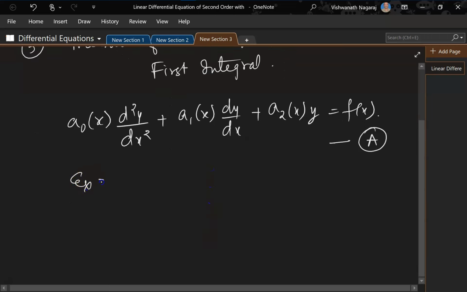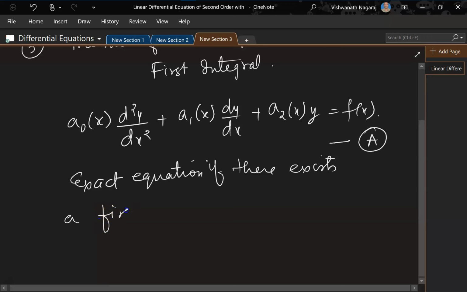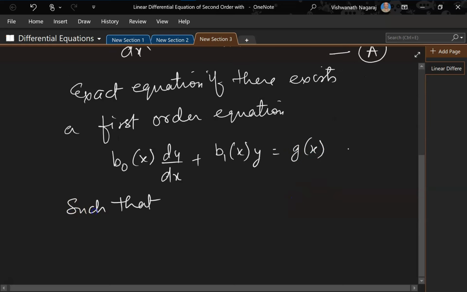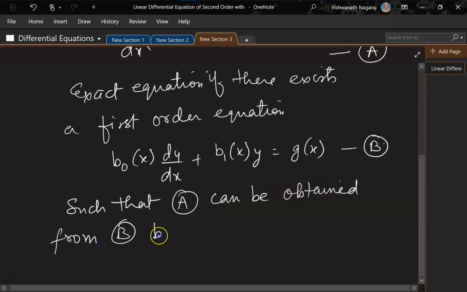This would be called an exact equation if there exists a first order linear differential equation, say for example, b0(x) dy/dx plus b1(x) y is equal to g(x), and let's call this B, such that A can be obtained from B by direct differentiation.